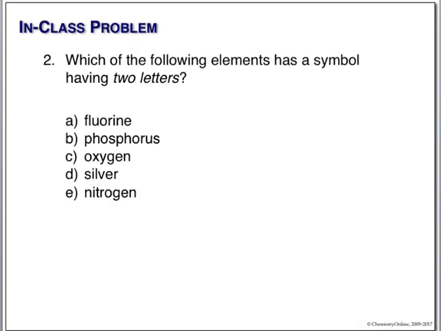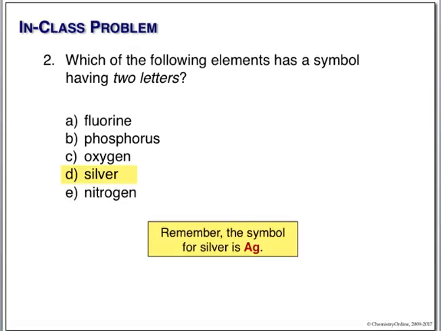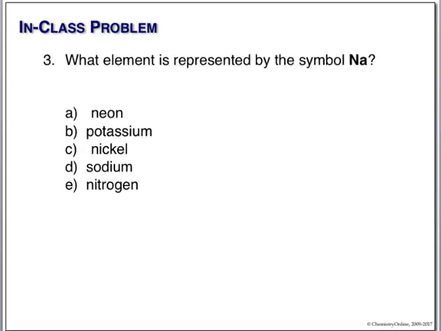Ag. Nitrogen, of course, is N. Silver, remember, is Ag. Gold is Au. What's in A? You'll never forget that one. Na is our friend, sodium.